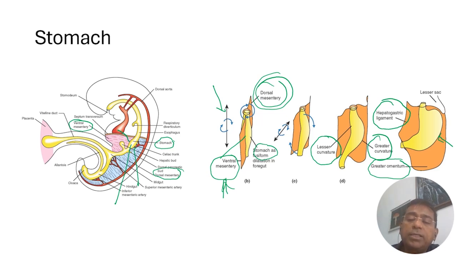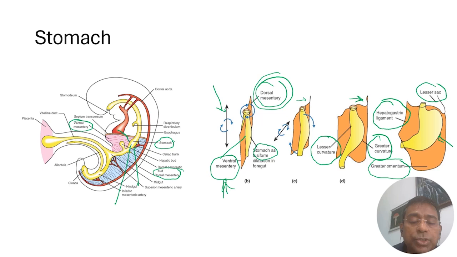And as this rotation takes place, a space is created behind the stomach, which is the lesser sac, or the omental bursa. Now these are the changes taking place due to the disproportionate growth of the borders of the stomach and rotation along the vertical axis.